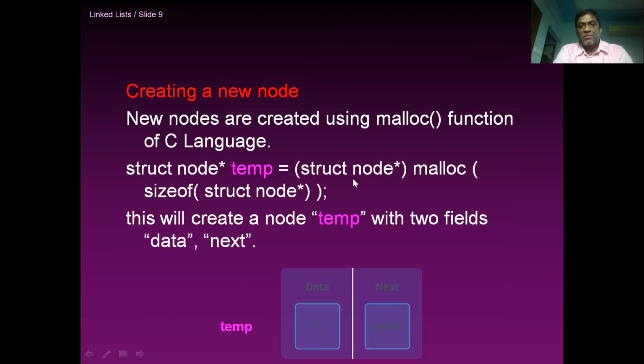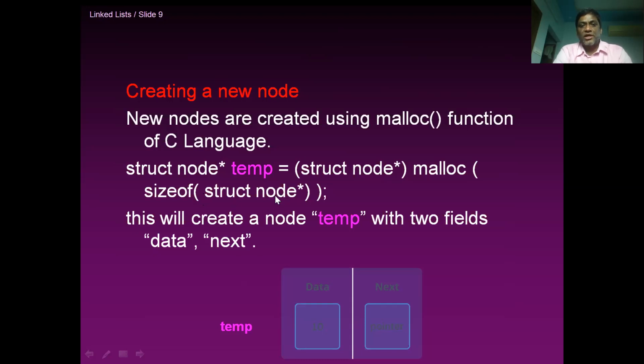Creation of the memory location: malloc takes the size of the corresponding node which you want to create. So it is size of struct node. And we want to create just one node, so I will specify size of struct node. If you want to create two nodes, then you will specify 2 into size of struct node. If you want to create three nodes, then it will be 3 into size of struct node, and so on.